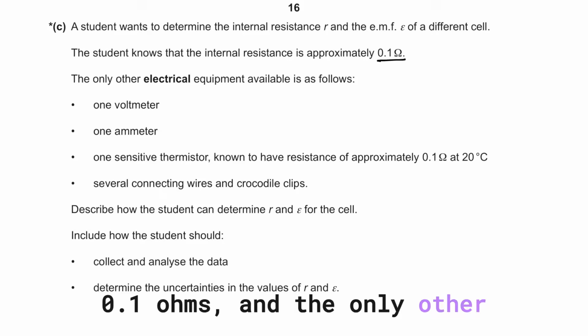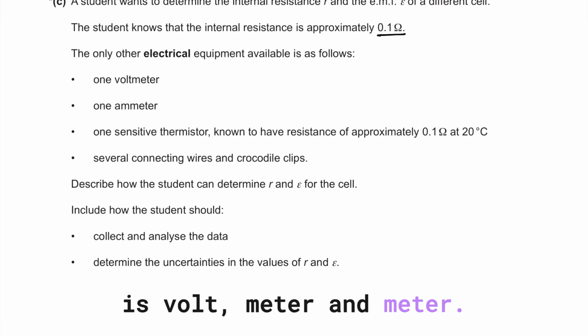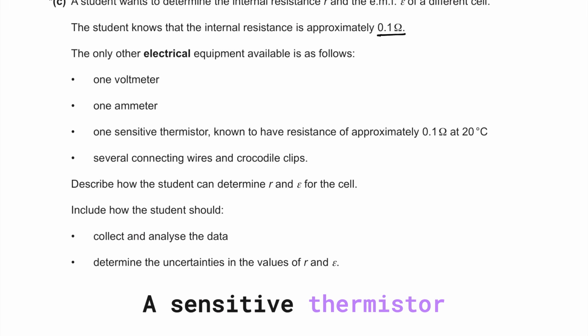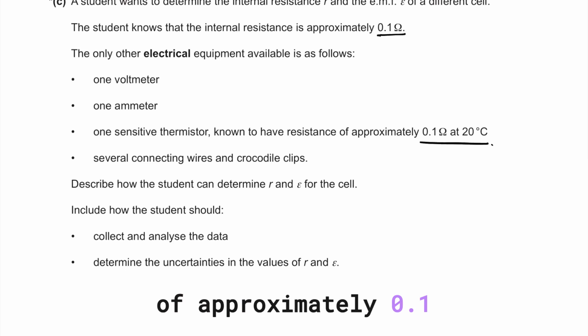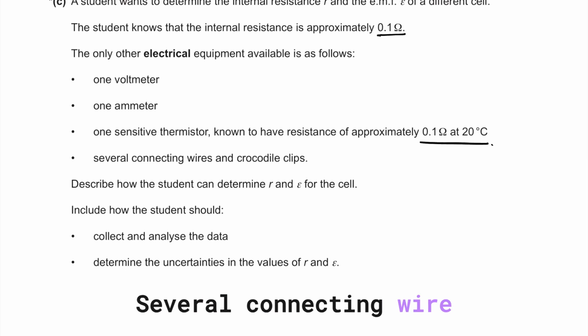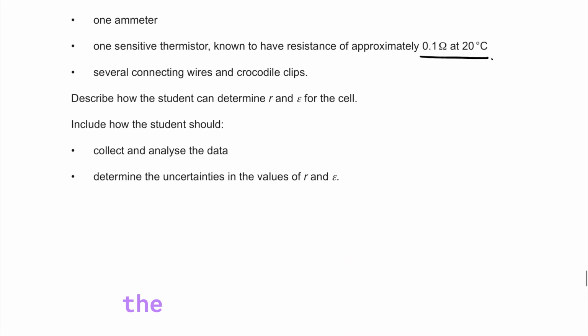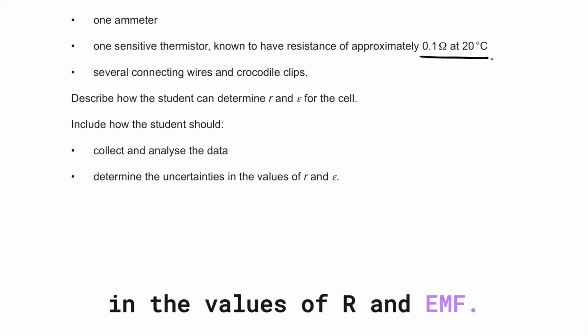The only other electrical equipment available is a voltmeter, an ammeter, a sensitive thermistor, known to have a resistance of approximately 0.1 ohms at 20 degrees, and several connecting wires and crocodile clips. We have to describe how the student can determine R and EMF for the cell, including collection and analysis of the data, and determine the uncertainty in the values of R and EMF.